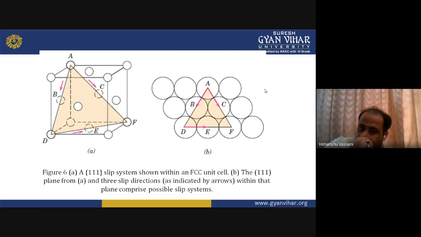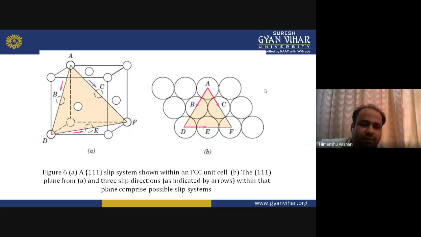Now we go further. You can see in the diagram that point A is at the location 111, which is a lattice point we have studied. This is a slip system shown within an FCC unit cell.